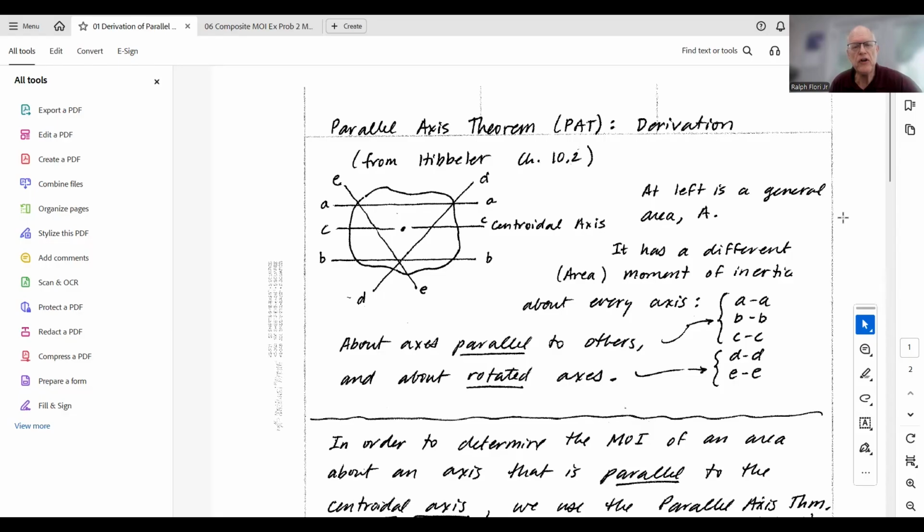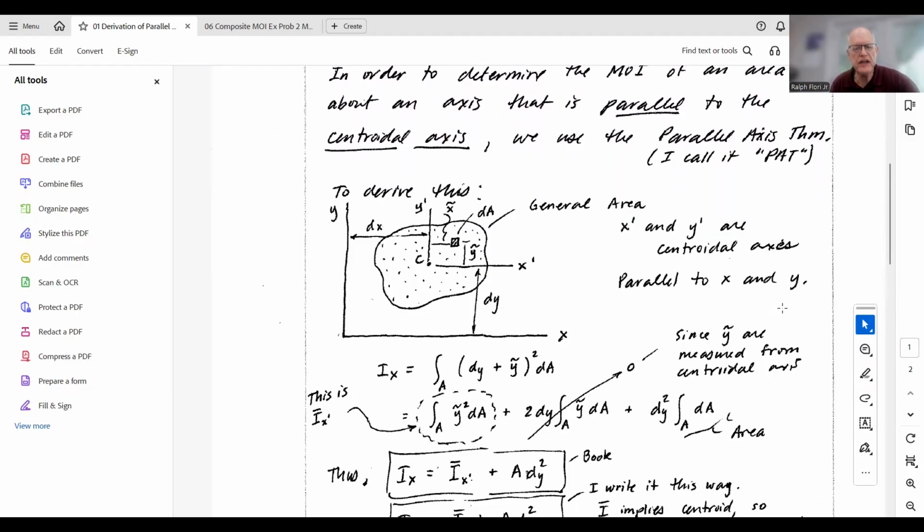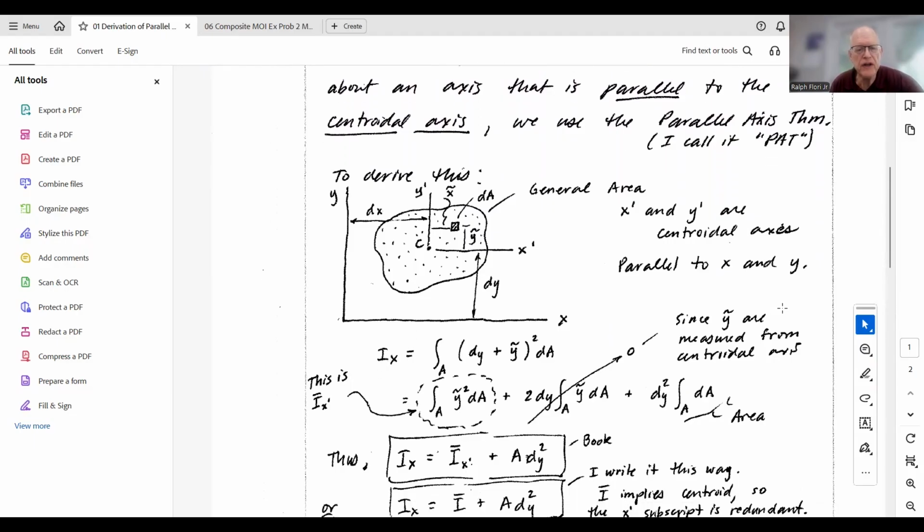So, deriving the parallel axis theorem: for an area where we know a centroidal moment of inertia and we want to find a moment of inertia about some other axis, we use the parallel axis theorem. I did this earlier, but I'm just going to review it quickly here.